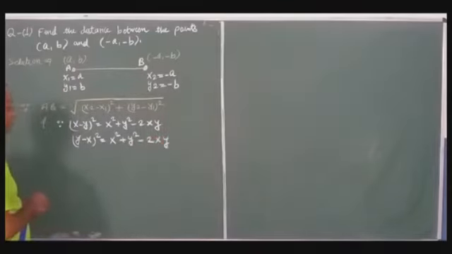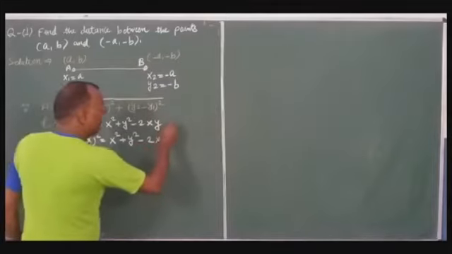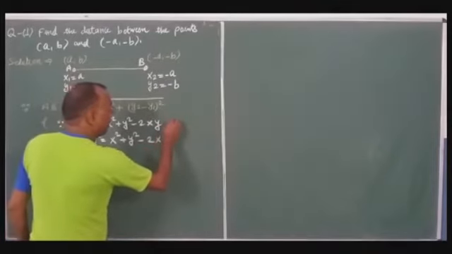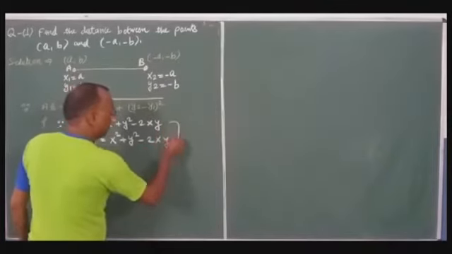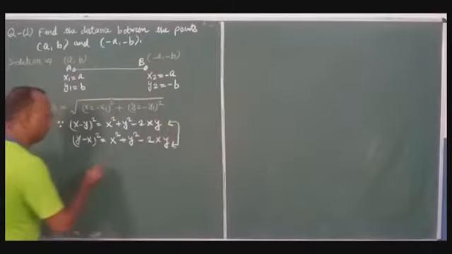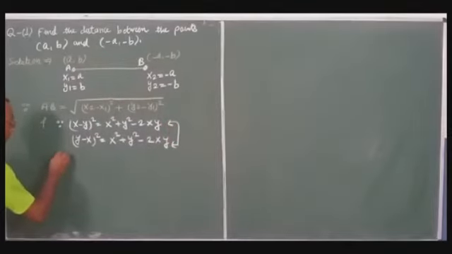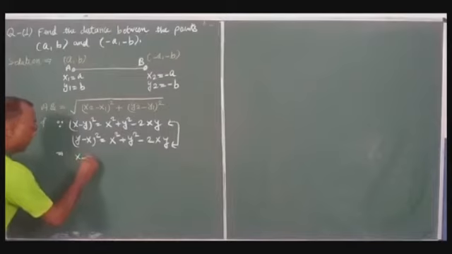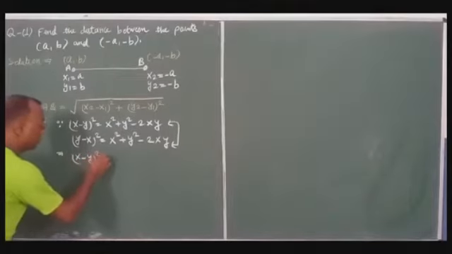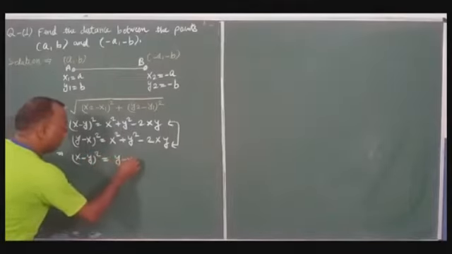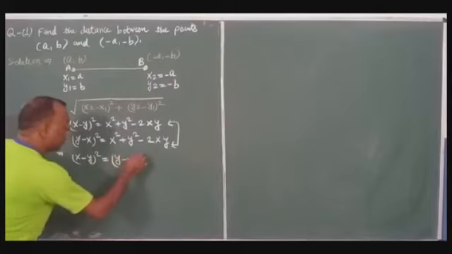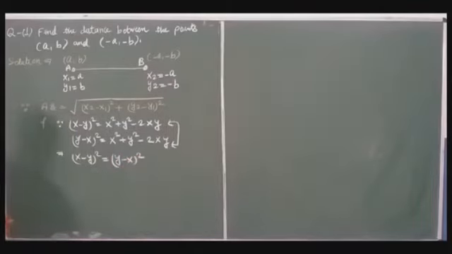Just look at these two. These both are equal. It means what can we say? x minus y whole square is equal to y minus x whole square, or not? Okay, so we can change this formula now like this. This is the simple formula.